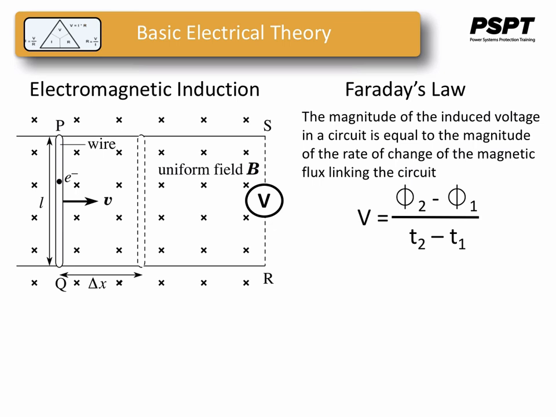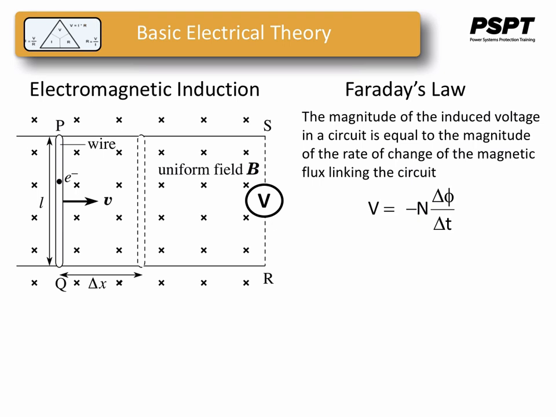Or, in more concise terms, V is equal to minus N delta phi over delta t, where V is the instantaneous induced voltage, N is the number of turns of our linked circuit or coil of wire, and in this case we only have one turn. Phi is the magnetic flux in webers.